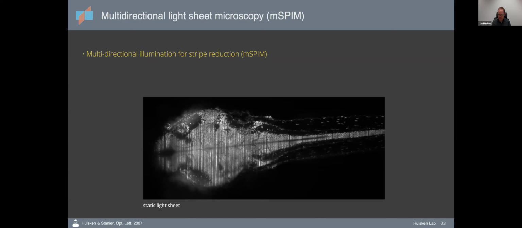So striping can be an issue in light sheet, and we have found ways to very quickly pivot the light sheet. So if you start pivoting the light sheet, these stripes move around, and if you do it fast enough, it eliminates the stripes. And so that's also a feature of the Flamingo, which is extremely valuable to reduce striping.